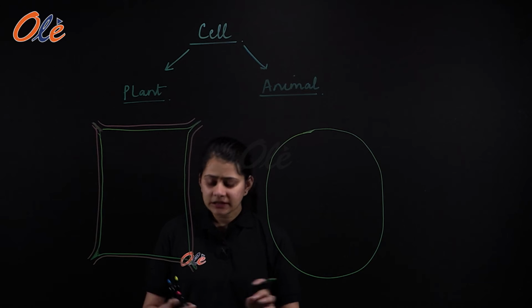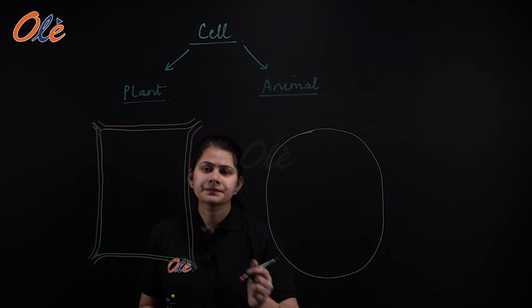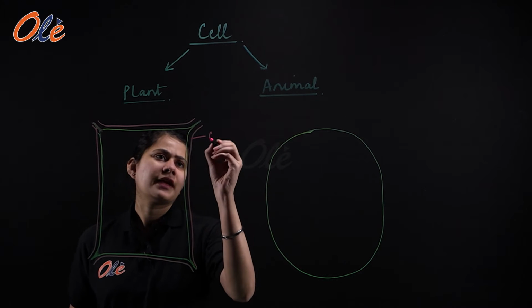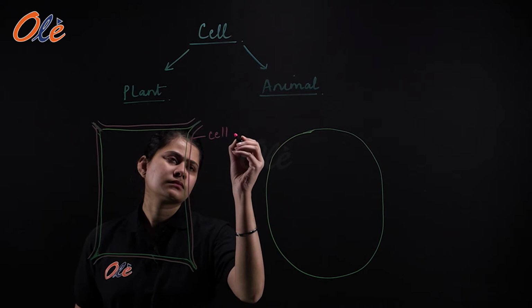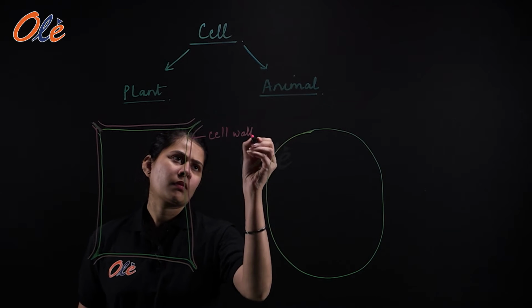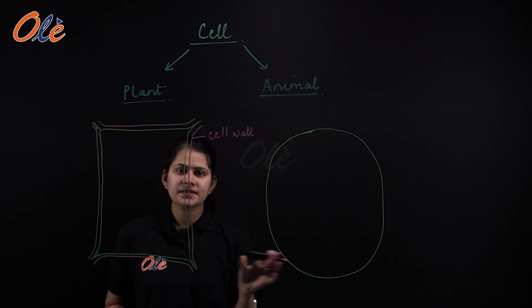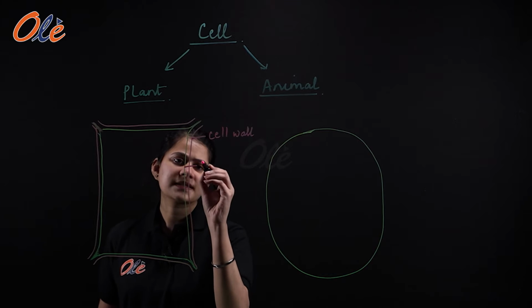Okay, let's label these two outer coverings. For the plant, we have the cell wall, and for both plants as well as animals, we have the plasma membrane.